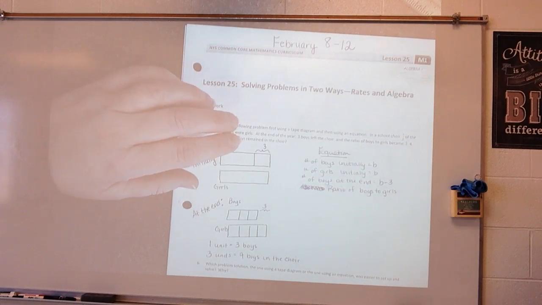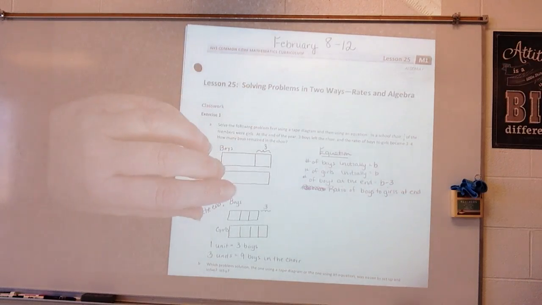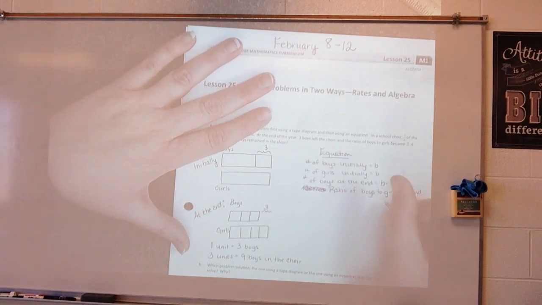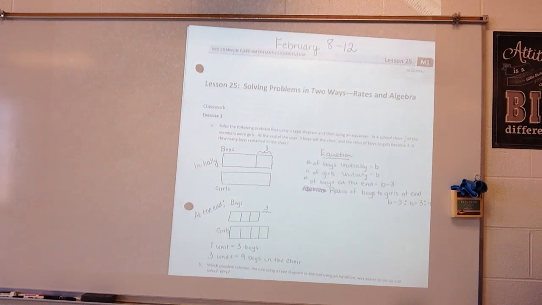Okay, so the ratio of boys to girls at the end was B minus 3 to B, which is equal to 3 to 4. So now, let's talk about how we're going to do this.